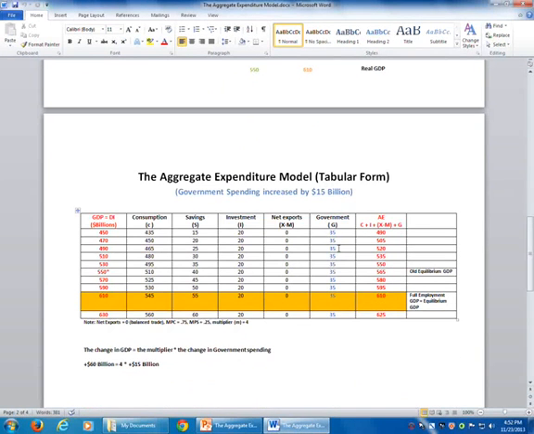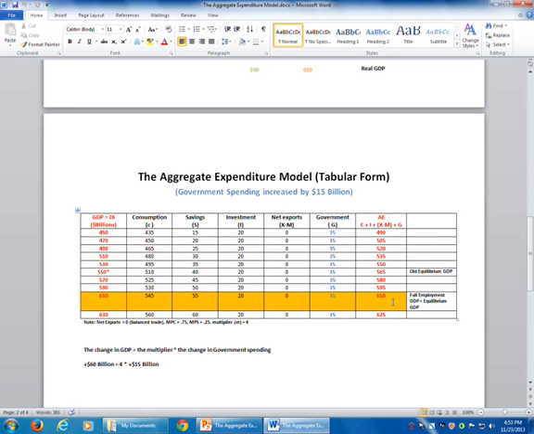So government spending now is $15 billion larger. And so by increasing government spending, when we go back to full employment, we see that here the aggregate expenditure now is 610 and the income is 610. So our equilibrium would move from that old position to this new position of aggregate expenditure equaling income, both being 610.